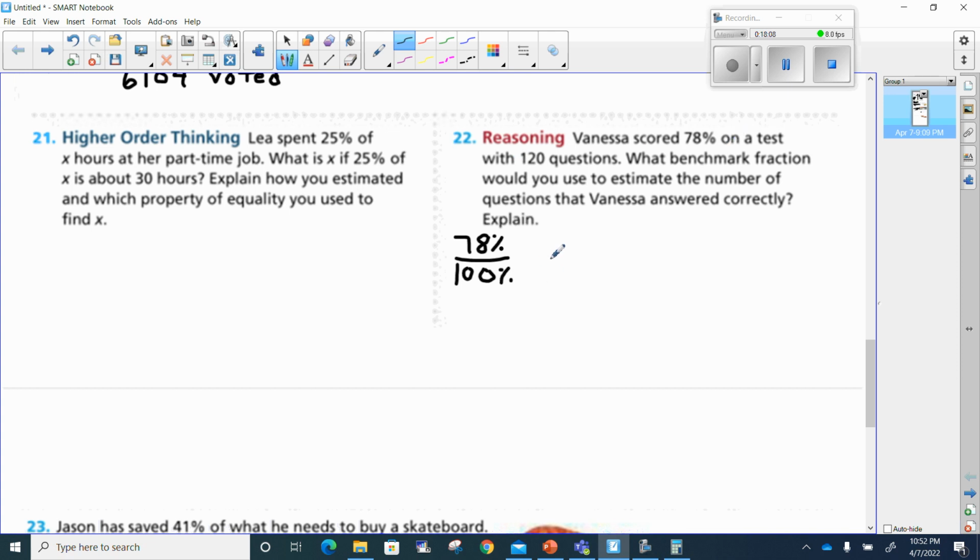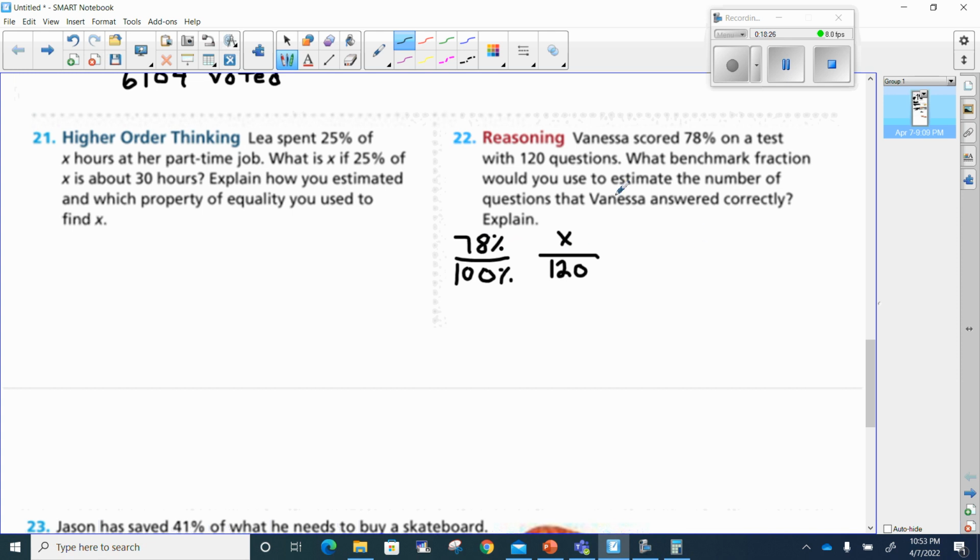The test only had 120 questions. What benchmark fraction could you use to estimate the number of questions that Vanessa answered correctly? Remember, she scored a 78%.